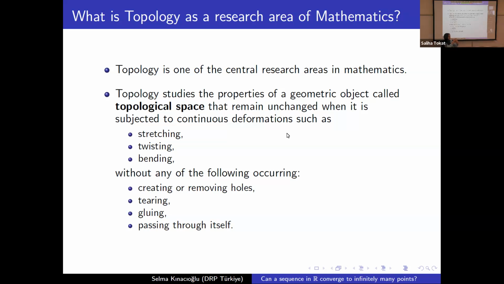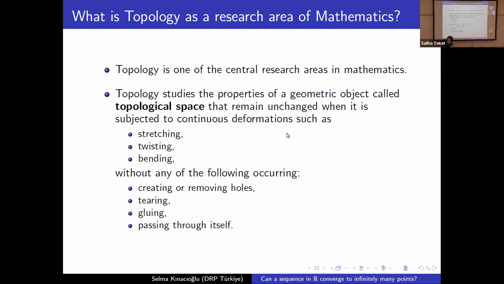This paper, I can bend it like that, I can twist here, and when I bend it like that, this is a manifold. And in this paper, I cannot separate it into two papers.